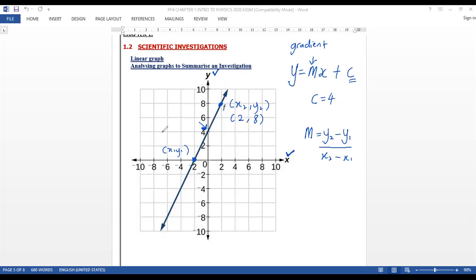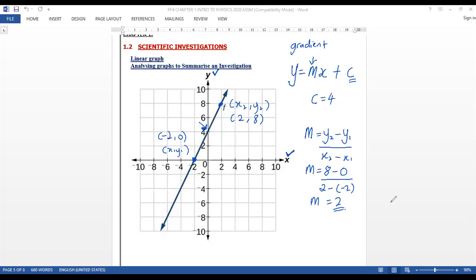This coordinate will be minus 2 and 0. So the gradient value will be y2, 8, minus y1, 0, over x2, which is 2, minus x1, which is minus 2. So the gradient is 8 over 4, which is 2.